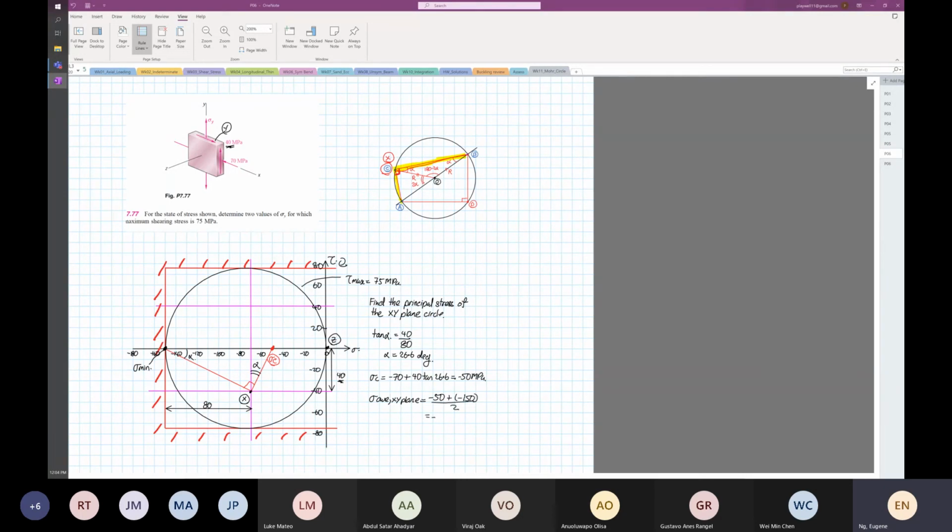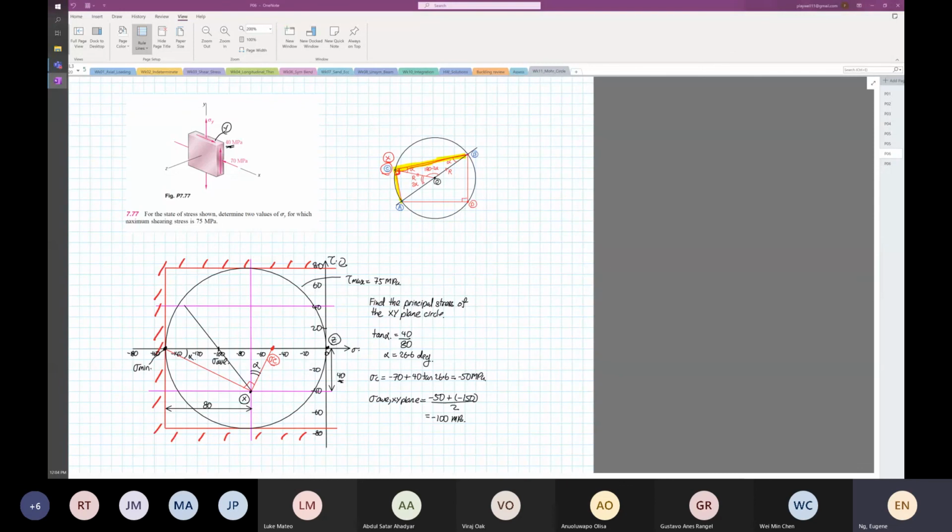So the center of the circle is equal to minus 100 MPa. This is our stress average. Then we can draw another straight line across.